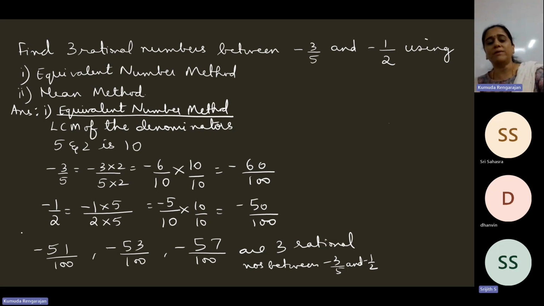You need not write the numbers that come one after the other. Like -51, then I've written -53, then -57. Between -50 and -60, it should be. Any number between -50 and -60.